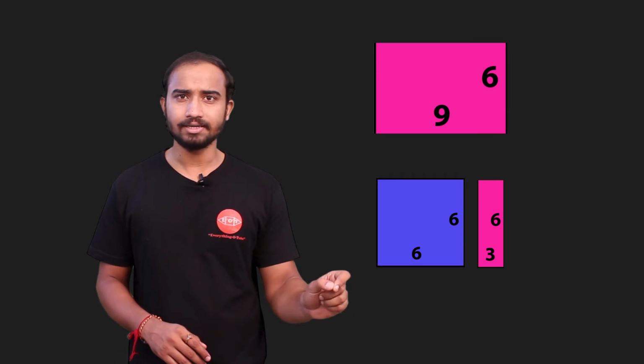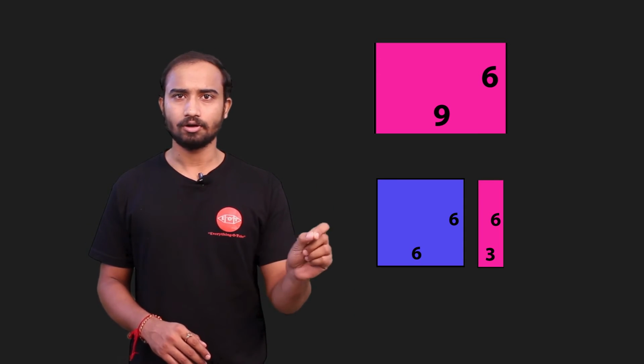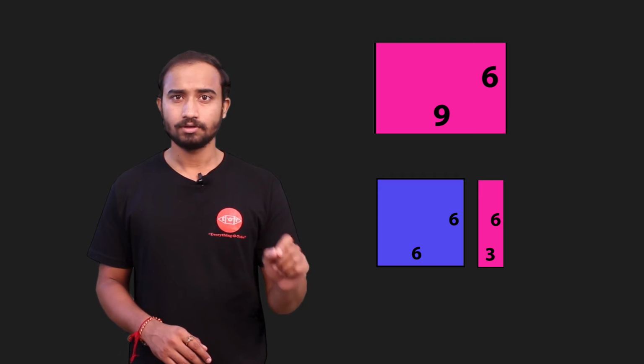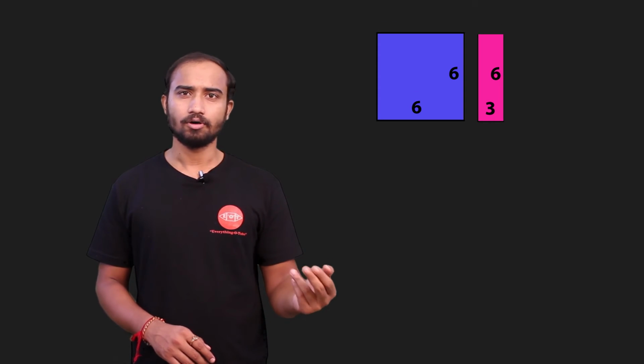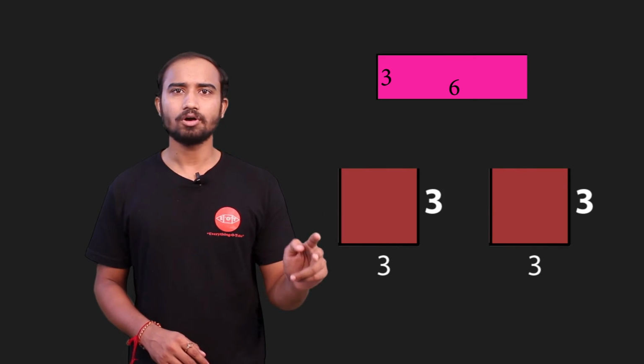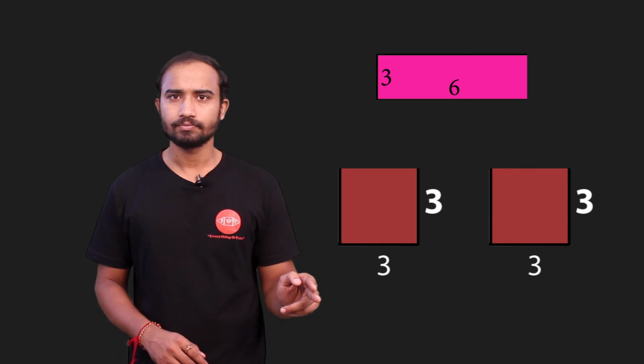Now one side remains 6, and the upper side is of size 3. Now we again remove a square of 3 by 3 from this quadrilateral field. So now we get 2 squares of size 3 by 3.